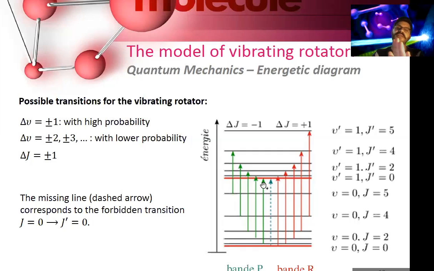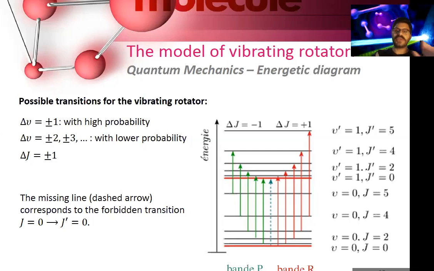You have gone from the second seat in the first row to the first seat in the second row, and this is delta j equal minus 1, and same for the rest. So if j equal 2, and you reduce your seat, then you go to v prime equal 1, j prime equal 1, okay, etc., etc.